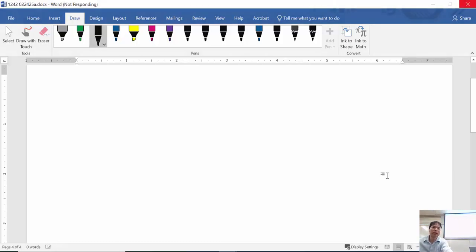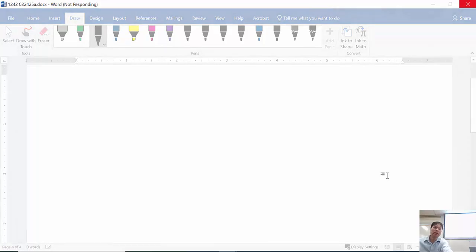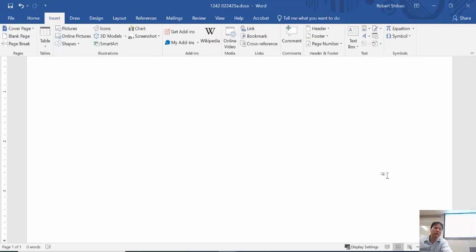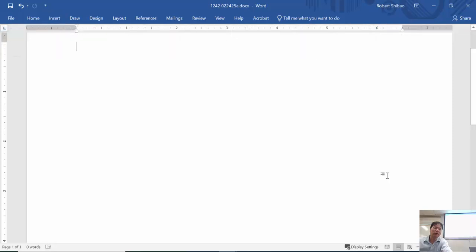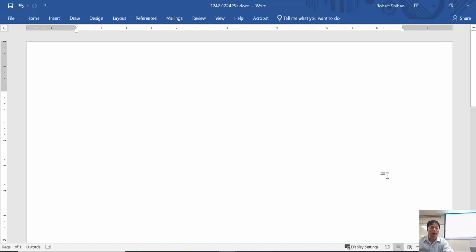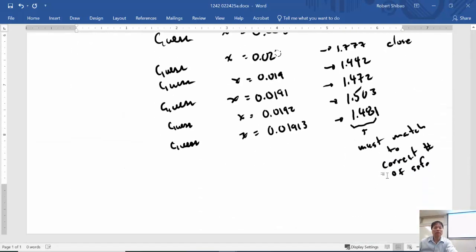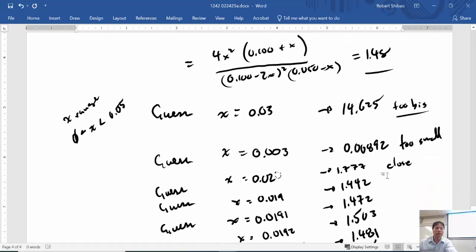I need to insert some more pages, but Word makes it very difficult to insert more pages when you do drawings. Actually, maybe I shouldn't. And so this was from today here, 226.